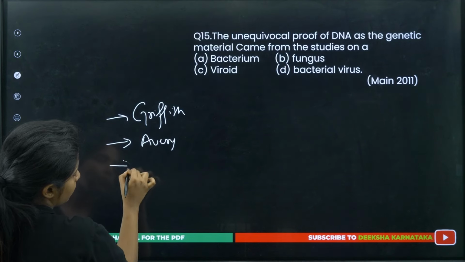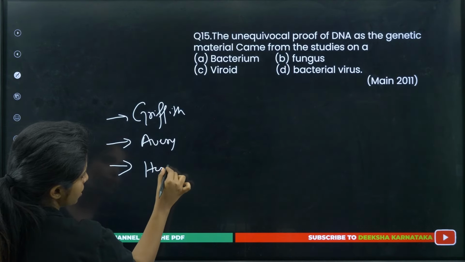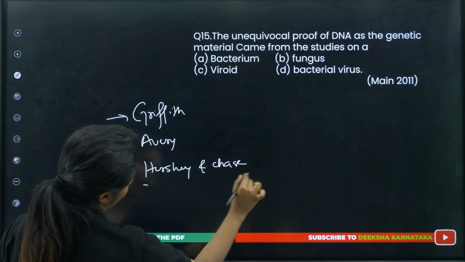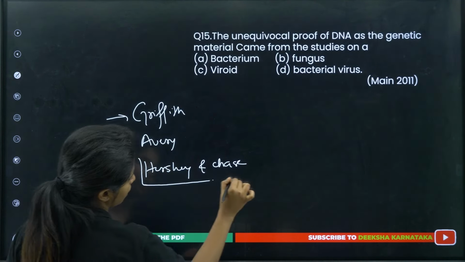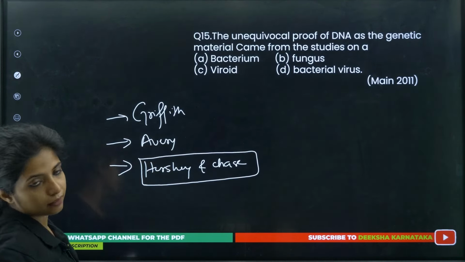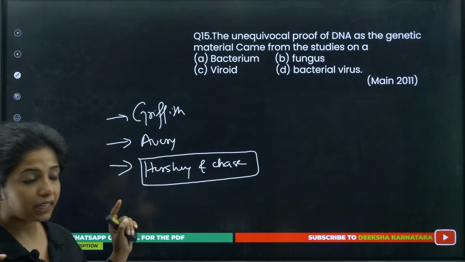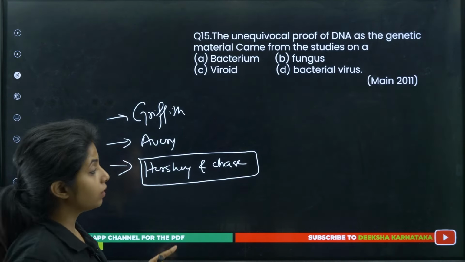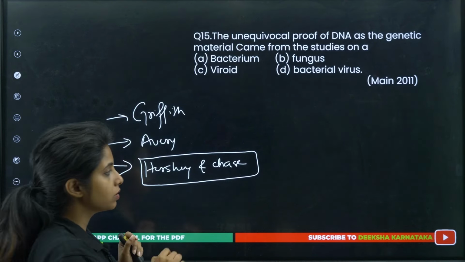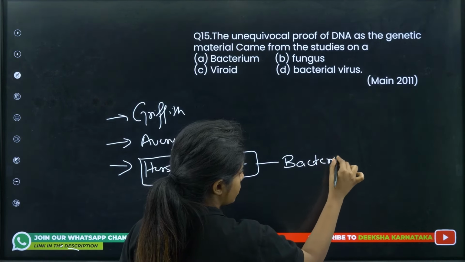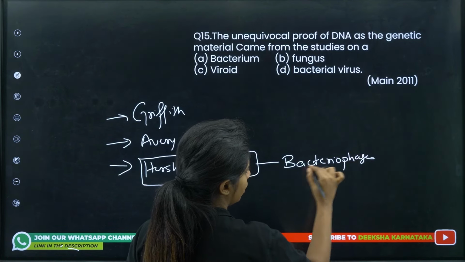Then came our Hershey and Chase. And they finally said that yes, this is how we can prove that DNA is a genetic material, and it was done with the help of a bacterial virus. The name was bacteriophage.